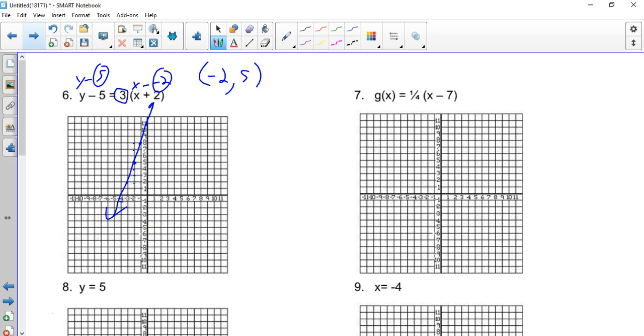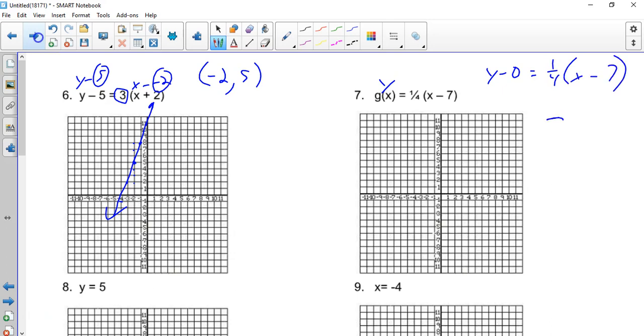Okay, so this one, this is y equals. There's a couple ways of thinking about this. You could distribute the 1/4, or you could think of it as point slope form and do y minus 0 equal to 1/4 x minus 7.